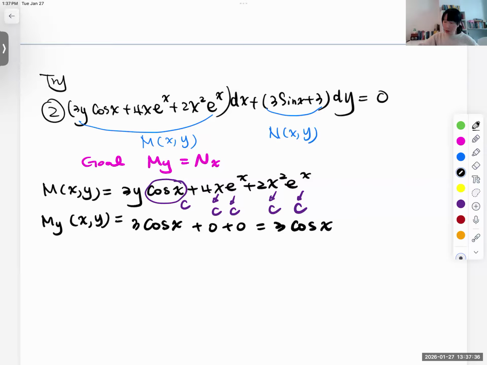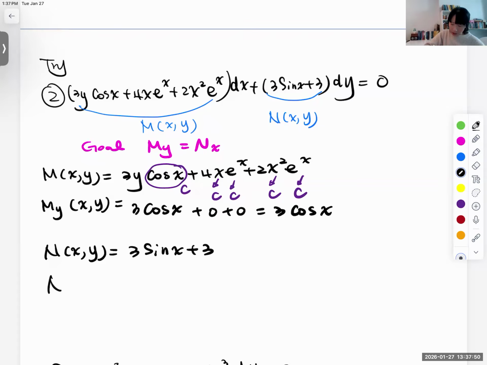Okay, now we're looking at the N. So we have N of xy equal to 3 sine x plus 3. Now we're looking at N and the partial derivative with respect to x. There is no variable of y, so it's easier.